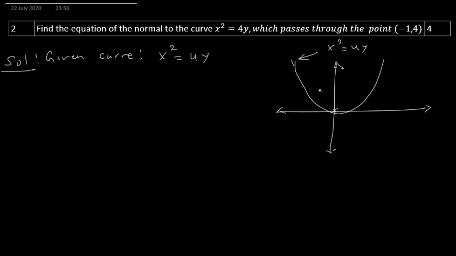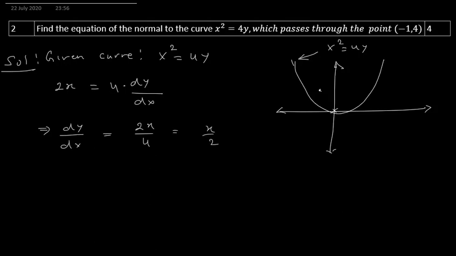Then in the next step we will find dy upon dx. So we differentiate: 2x equal to 4 into dy upon dx. This gives us the value of dy upon dx as 2x upon 4, which is x upon 2.